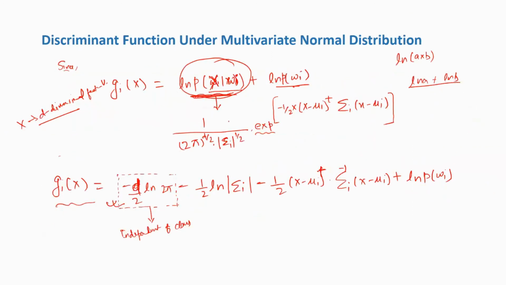So now, what is the significance? What is the probability of this feature vector x, given that it belongs to some class omega i? We have this kind of probability that we derived by using the class conditional probability.